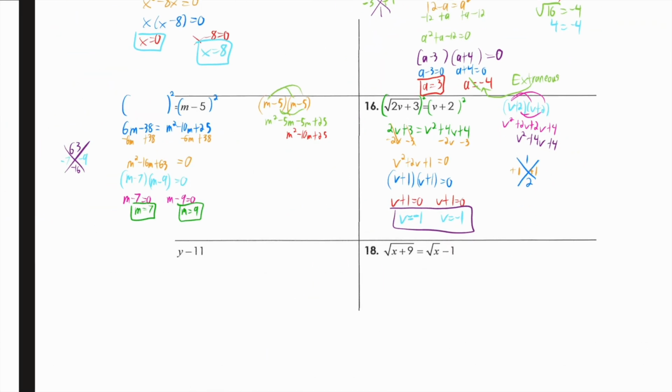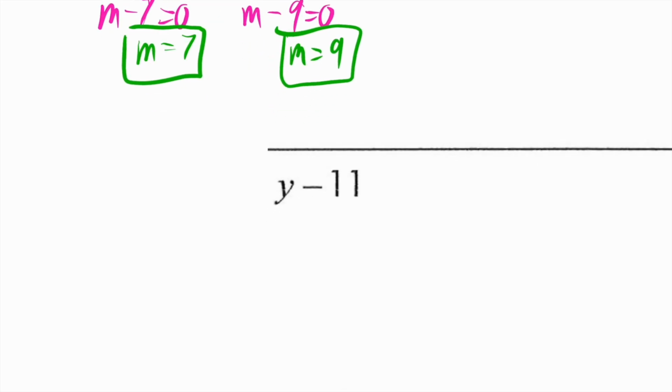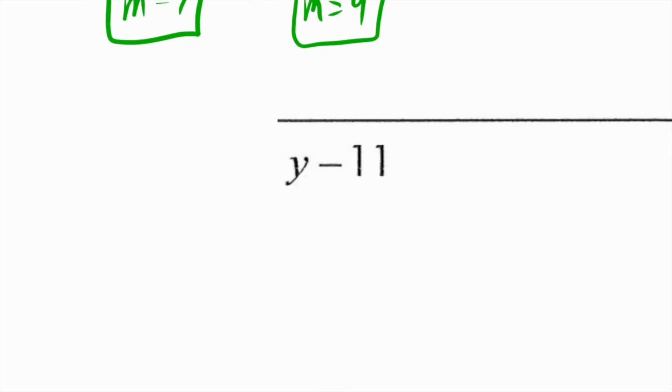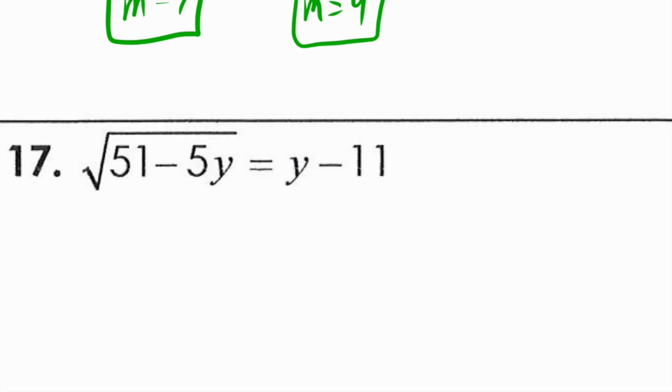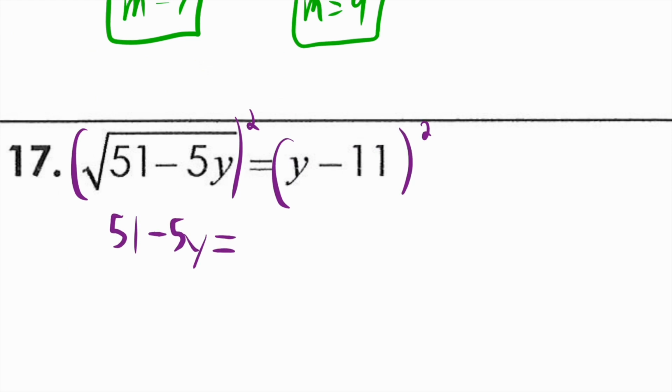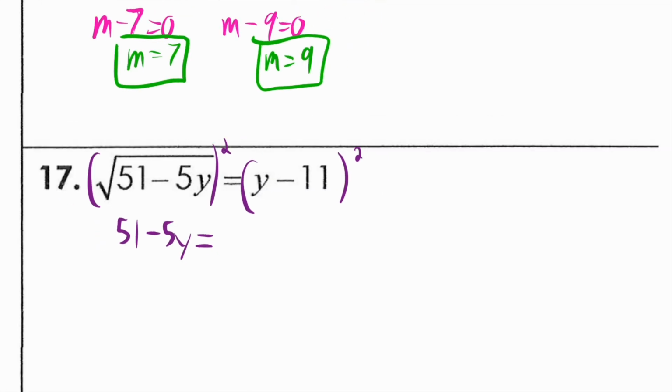Moving on to number 17 here. Once again, have a radical isolated. So now we will once again square both sides, undo the square root. And so on the left-hand side, we'll get 51 minus 5y. On the right-hand side, we'll again have to write this off to the side.